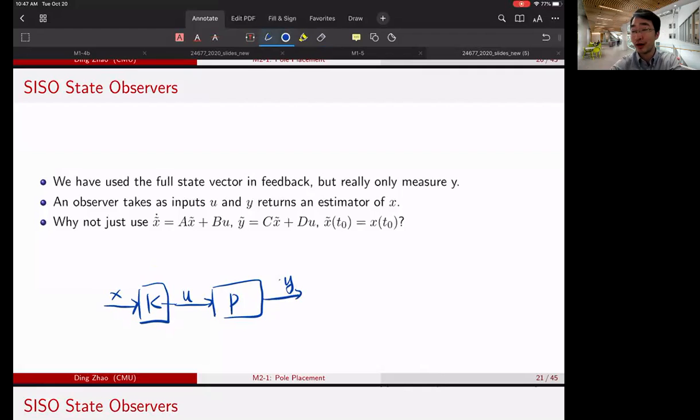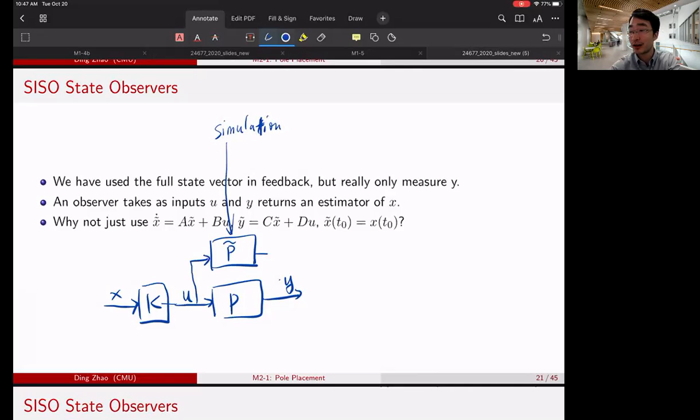So you want y to infer x, but why not just say I have another model, a P tilde, just a mimic of P, and I also input u into this P tilde, because this is a mimic. This is like a simulation. So I can output anything I want, right?